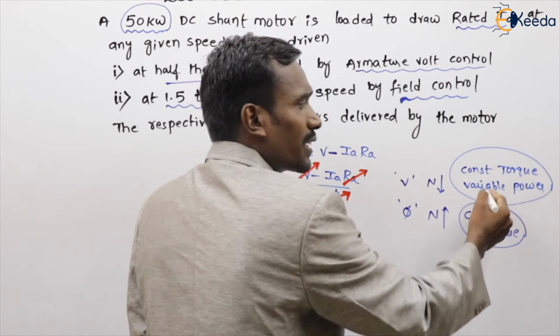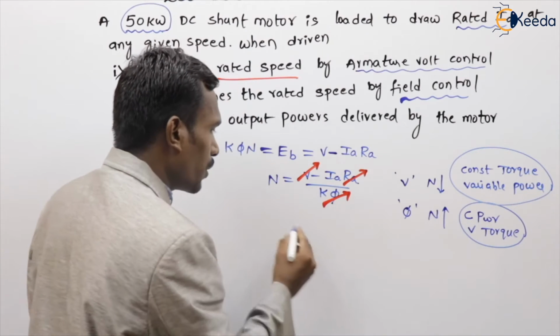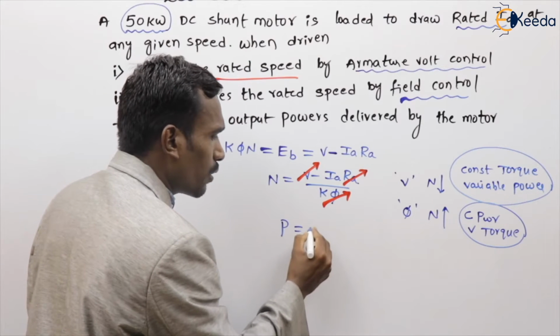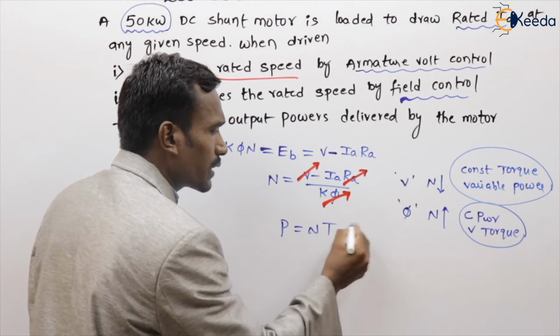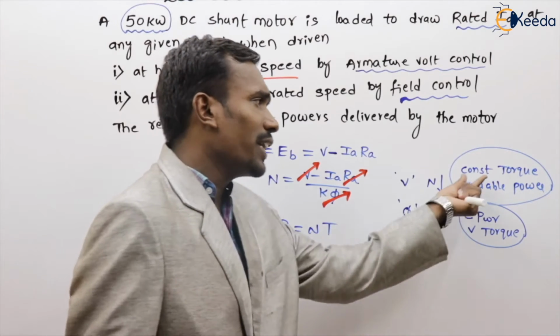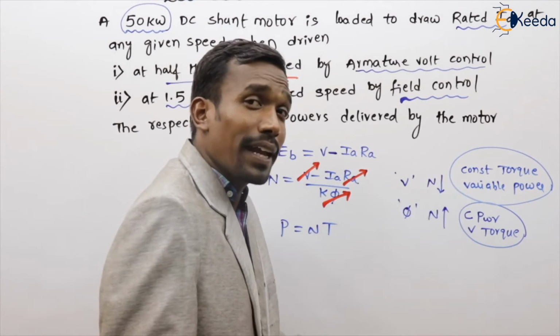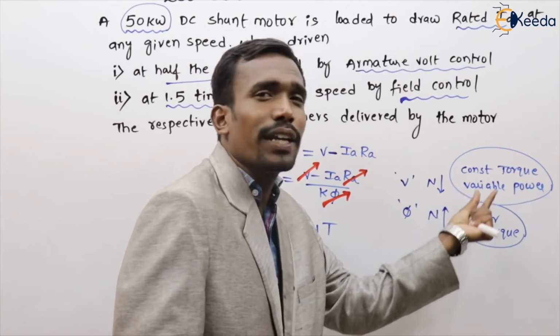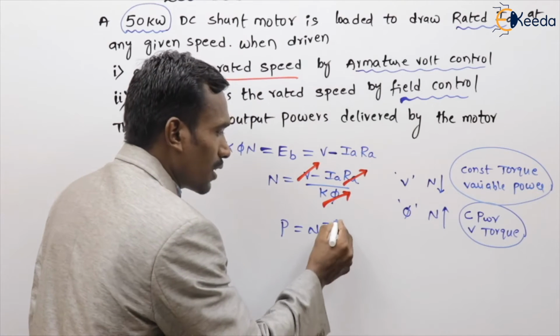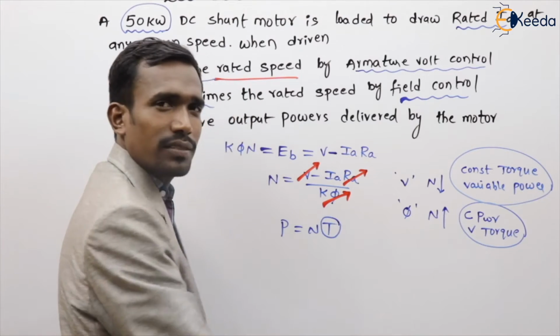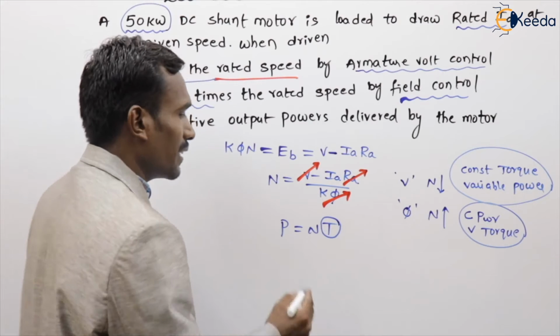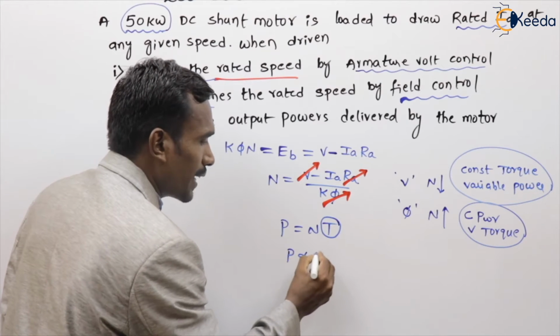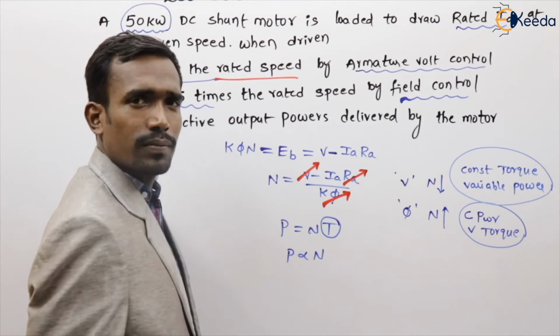We know that P = N T. I said in below rated speeds, the machine acts as a constant torque, variable power drive. Nothing but the torque is constant. When torque is constant, the power is directly proportional to N.